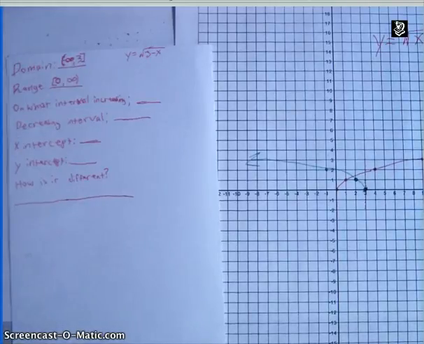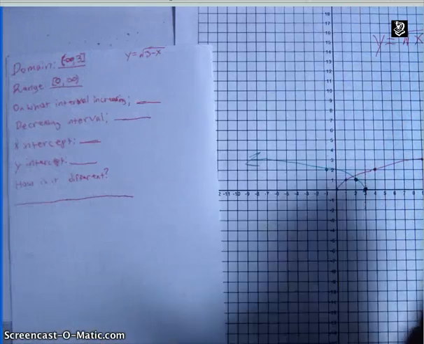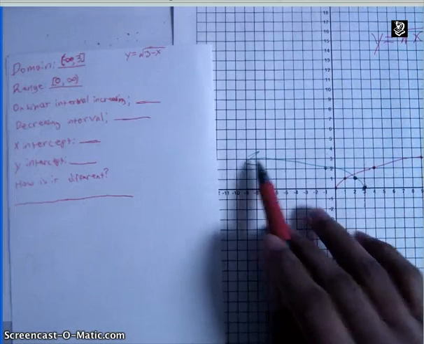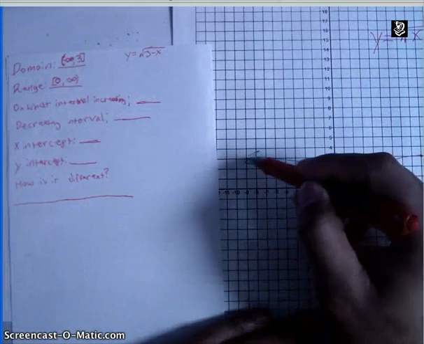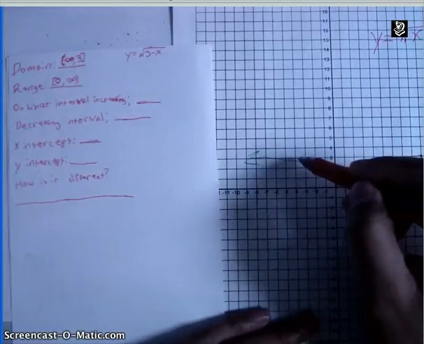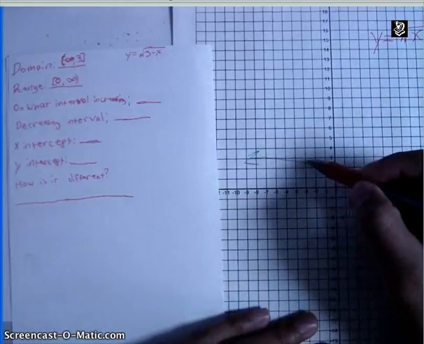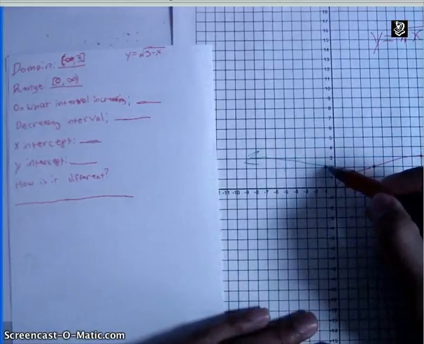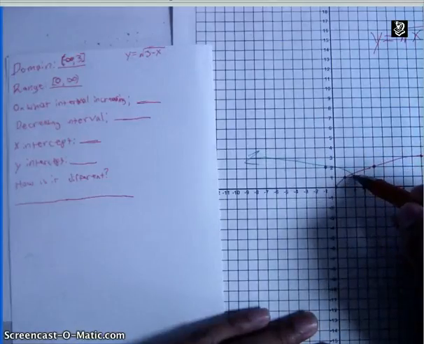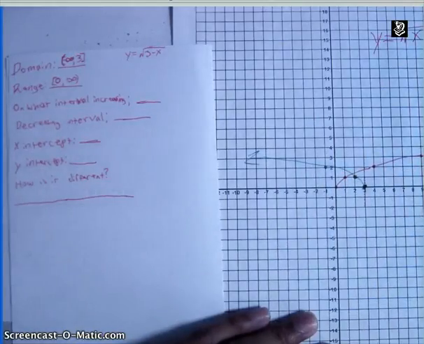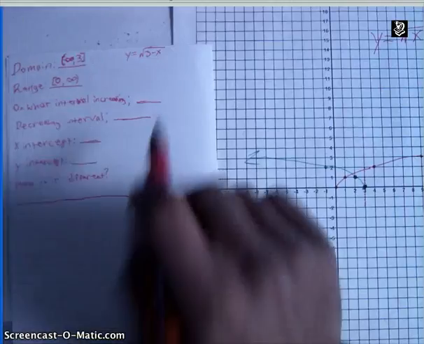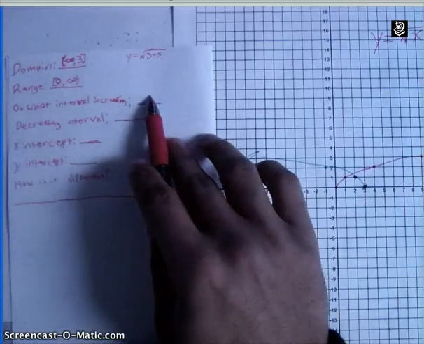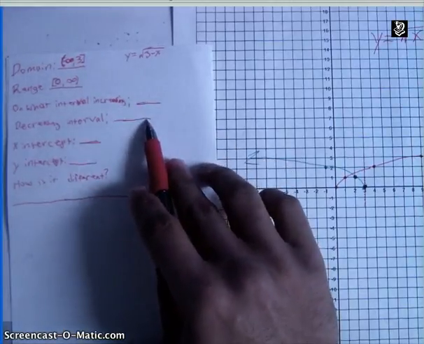Now, just like when you read a book, we're going to read left to right. So as we follow this graph, we just trace it from left to right. Are my y values getting smaller or bigger? Well, notice this one's 2, then it goes to 1, then it goes to 0. So therefore, we're getting smaller, which means we're decreasing. So we don't have an increasing interval. We only have a decreasing interval.